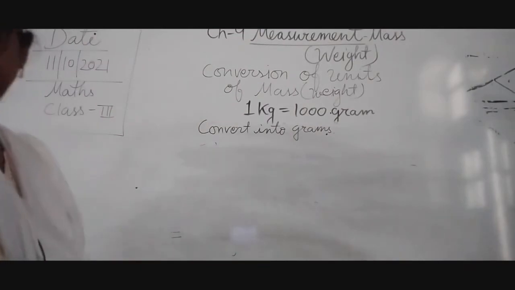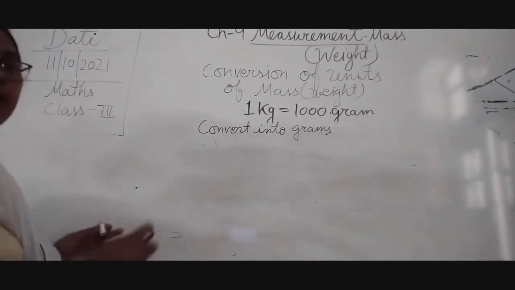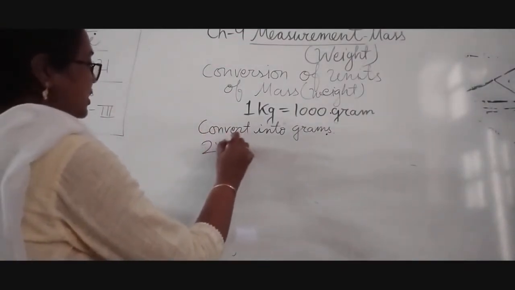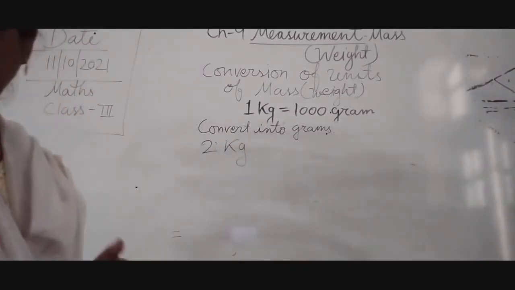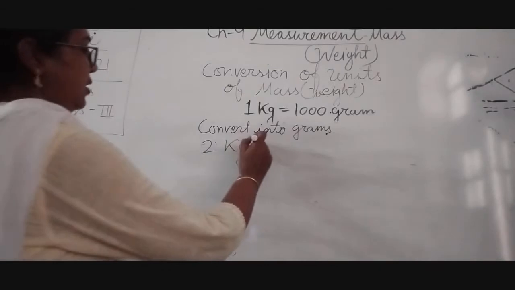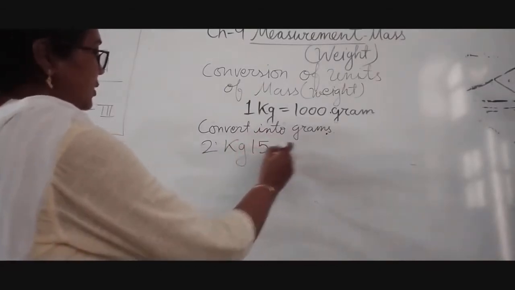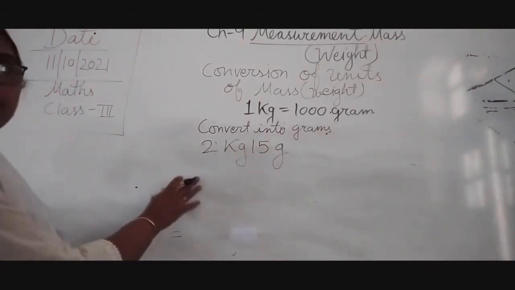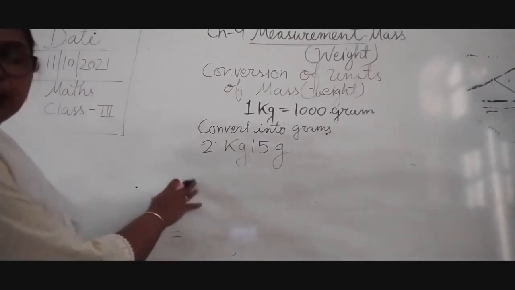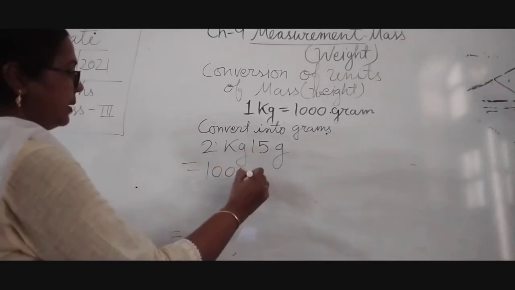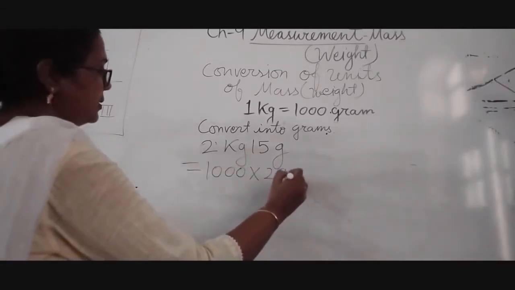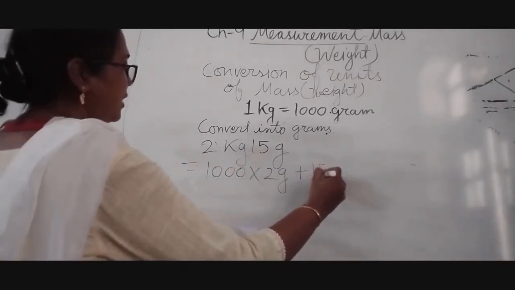Next example is 2 kg and 15 grams. Okay, so children, we are going to multiply with 1000. So 1 kg equals 1000 grams, multiplied by 2, plus 15 grams.